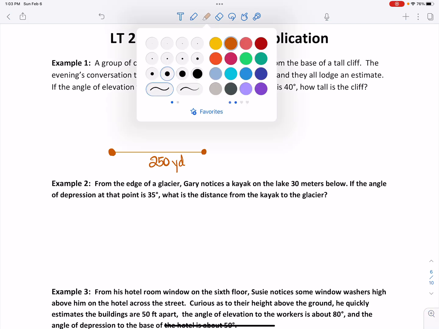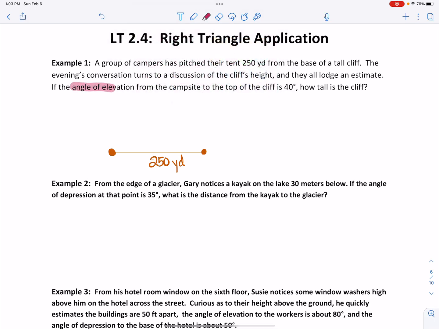The evening conversation turns into discussion of the cliff's height, and they all lodge an estimate of the angle of elevation. I'm just going to use this so you can see. The angle of elevation is from the standard position to the line. They say the angle of elevation is 40 degrees. So if I'm going up to the top of the tall cliff, here's the cliff, this angle of elevation is 40 degrees.